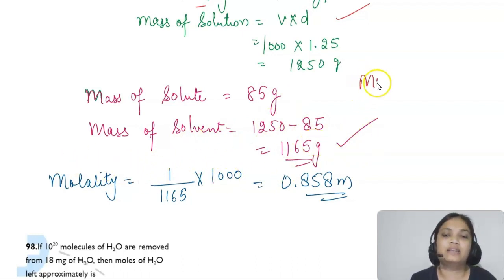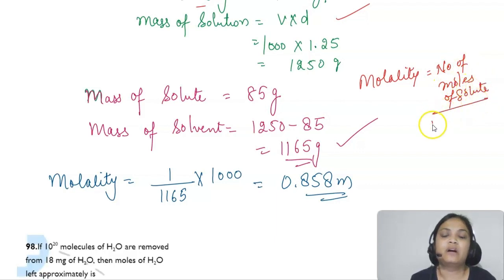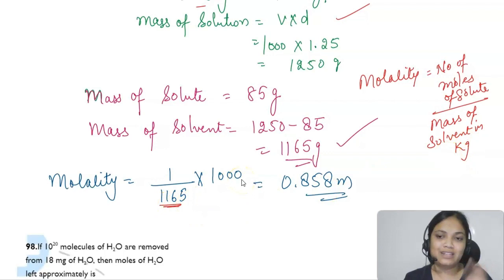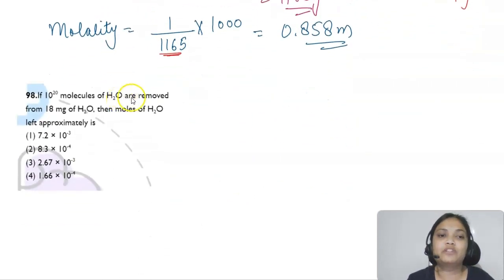Okay, because the molality is number of moles of solute divided by mass of solvent in kilograms. All right. So here the mass was in grams, so that's why I divided it with 1000 and it went in the numerator. Now next question, again a very interesting one from mole concept.